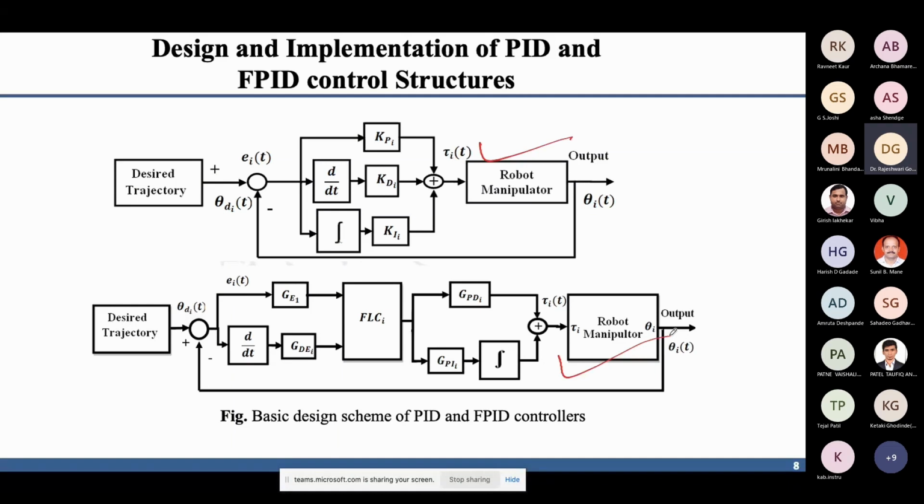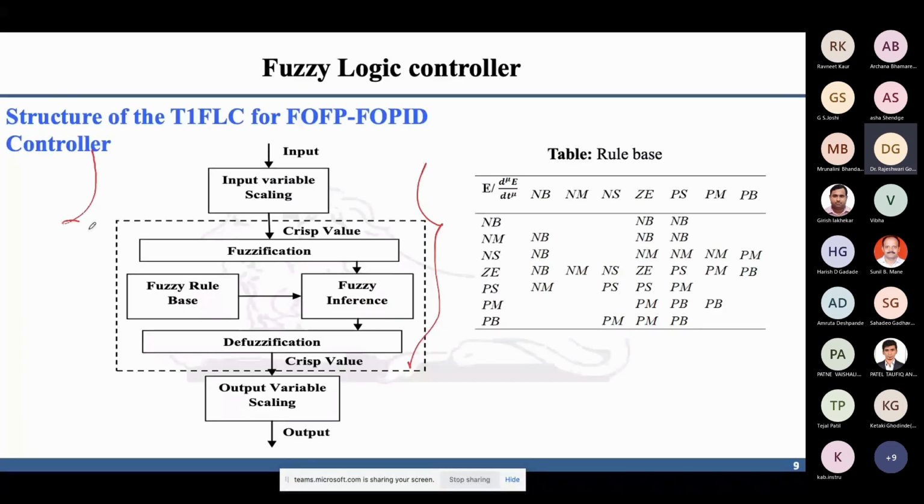This is a fuzzification block, which we studied in the first session. It is the same thing we have written here, and in this case we have taken a different type of rule base, because this is a pre-compensator. That's why we have to take this type of rule base.